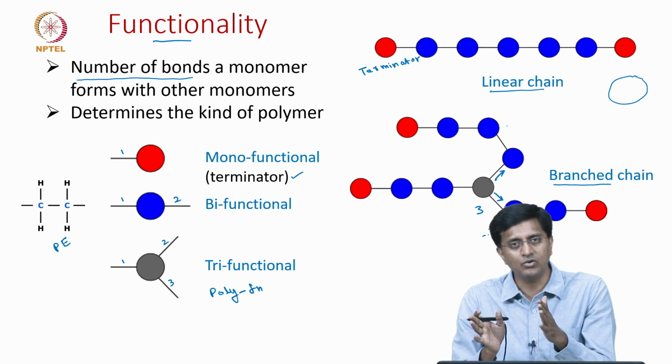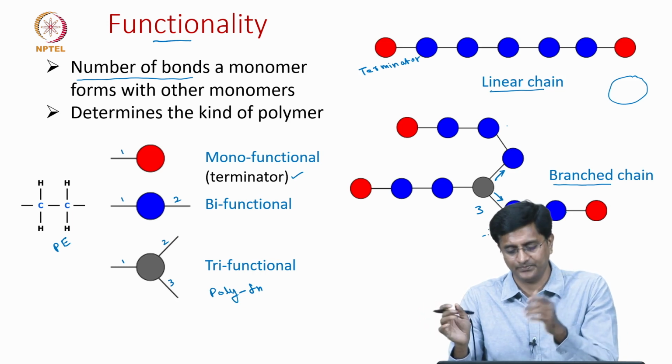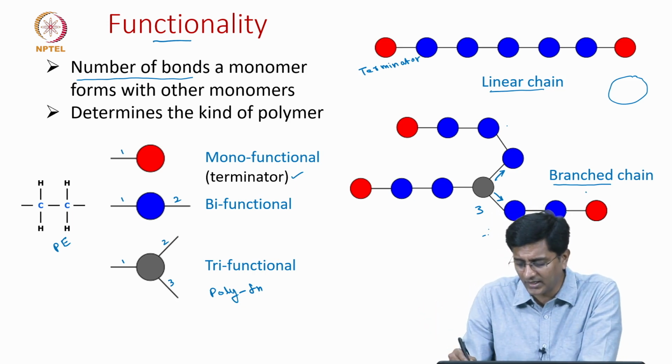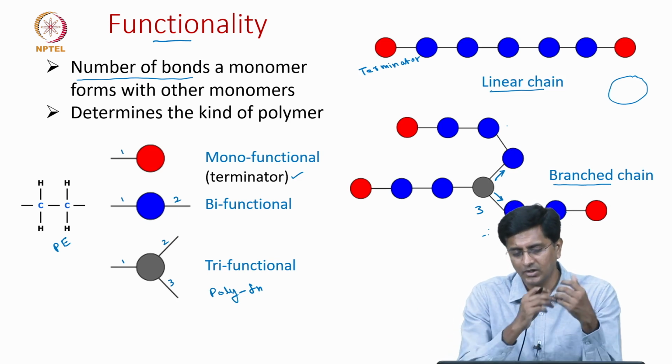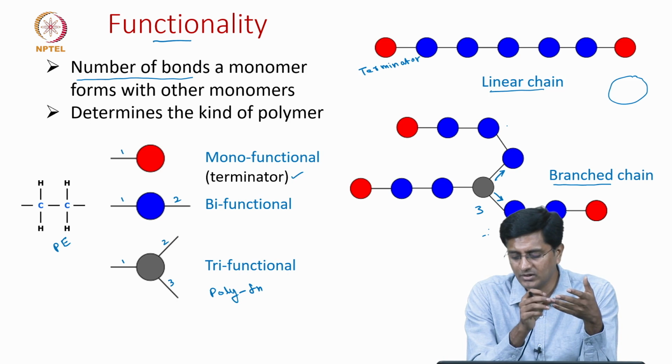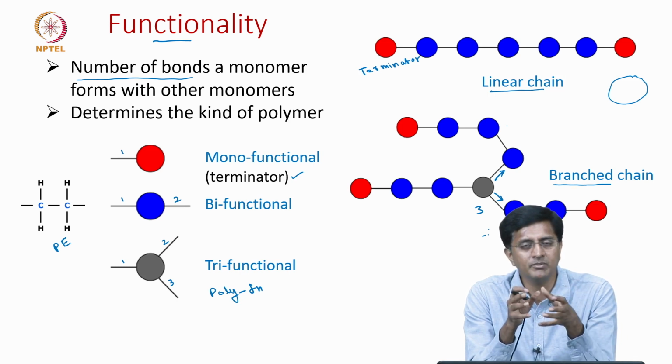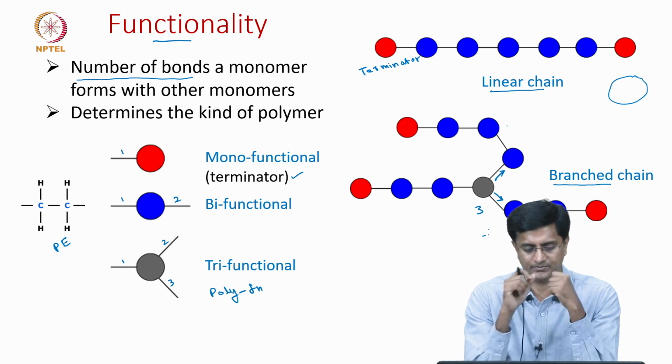So, it branches out into two different chains. These are called branched chains, and we will see later how a linear chain versus a branched chain affects the mechanical behavior of polymers.